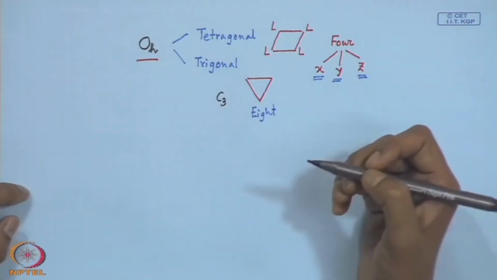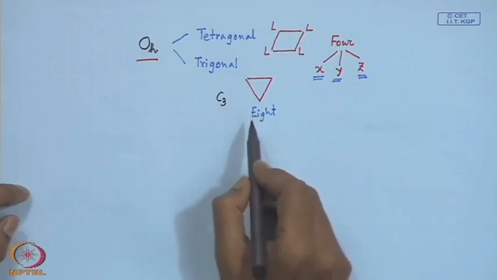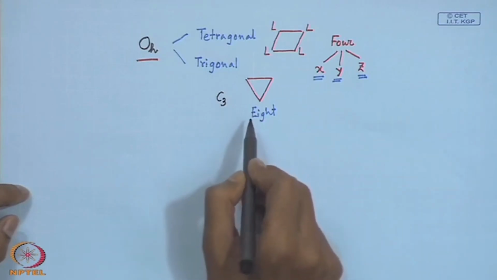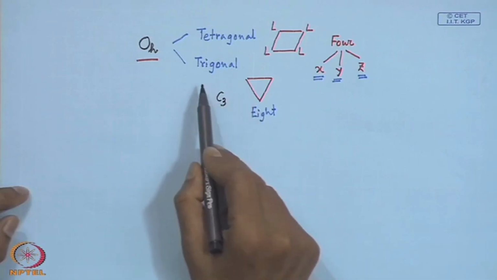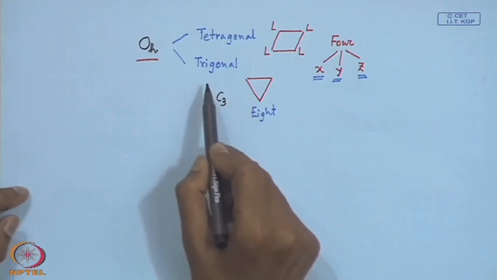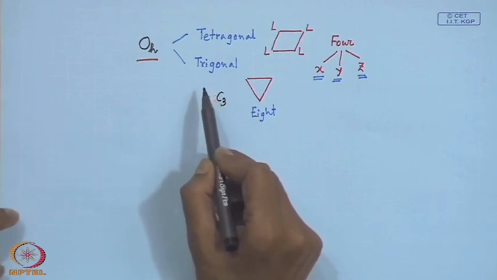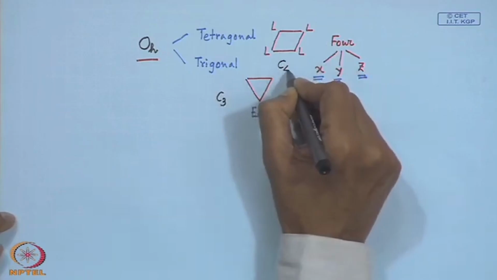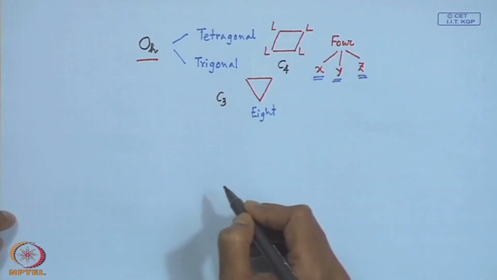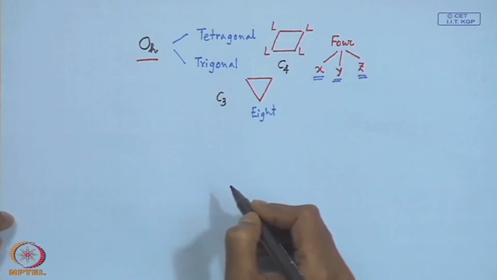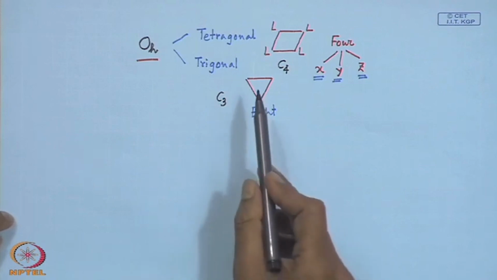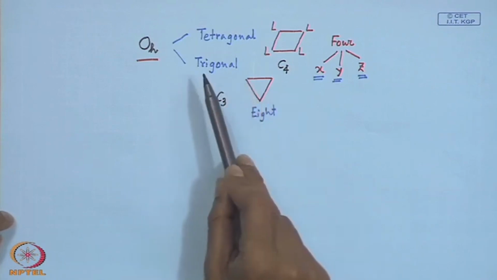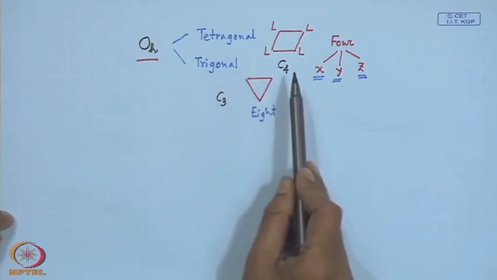So along the C3 axis, how the corresponding elongation and compression and distortion can take place, that will all be known as the corresponding trigonal distortion of the octahedral geometry. And in this particular case, when we are focusing our attention on the C4 axis perpendicular to the plane of the square planes, we will call them tetragonal distortions.